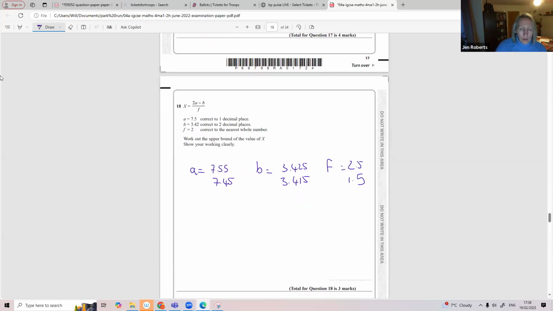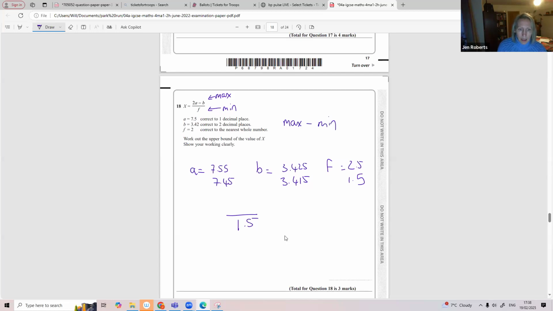Well, upper bound for 2A minus B over F. So when you divide to get an upper bound, you need the max of your numerator divided by the min of your denominator. So it's going to go into the bigger one more times, isn't it? So we can easily do the minimum of our denominator is 1.5. How do you get the max though for this 2A minus B? Well, to get the max from a subtraction, you need the max minus the min.